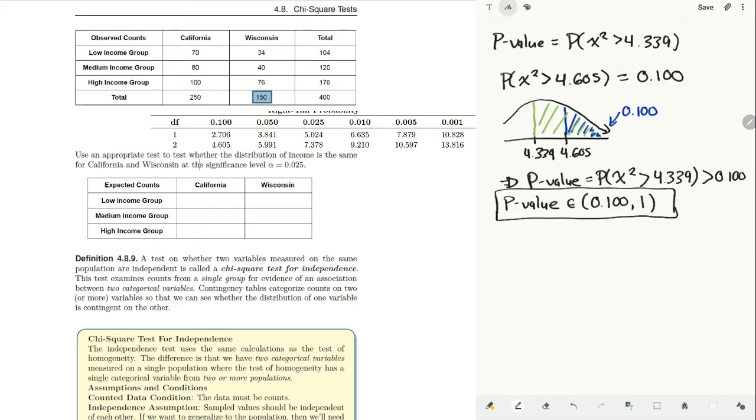So now let's compare the p-value to the significance level. Our significance level is 0.025. And our p-value is a value larger than 0.1. So since our p-value is larger than the significance level of 0.025, we will fail to reject the null hypothesis.